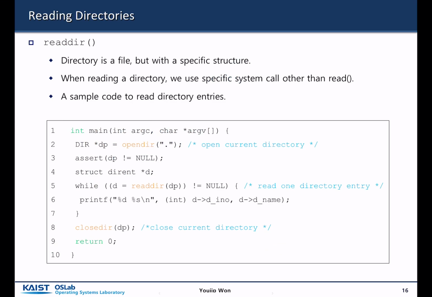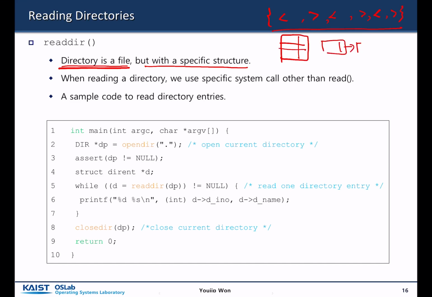You also have to read the directory. A directory is a file, but it has a specific structure. Earlier in this class, we showed that a directory is a set of file name and inode number pairs. And these pairs can be maintained as an array of directory entries, or a linked list.